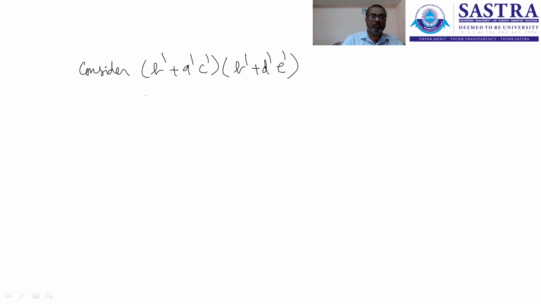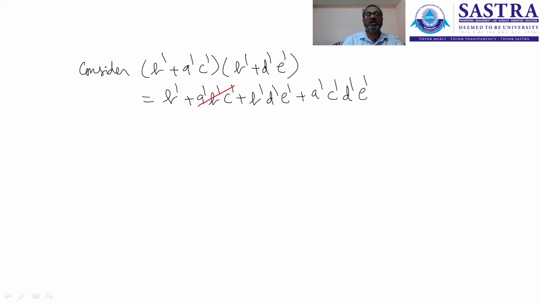So now I will write this as B dash plus A dash B dash C dash plus B dash D dash E dash plus A dash C dash D dash E dash. When I take this A dash C dash as some other term X dash, I'll have B dash plus B dash X dash, so that would get rid of this A dash B dash C dash when I add with B dash.